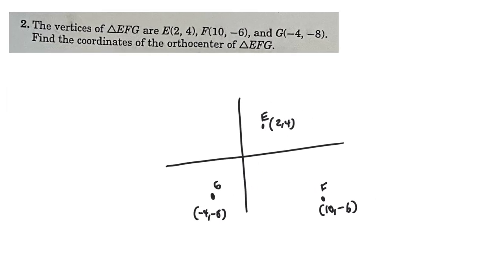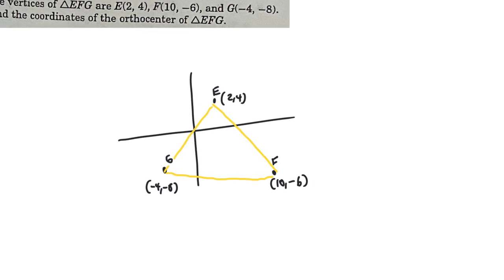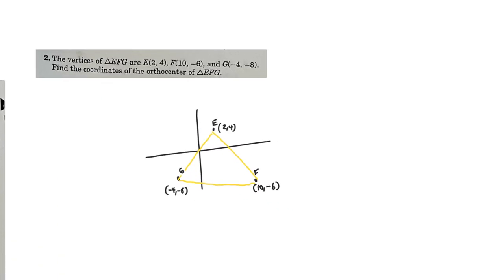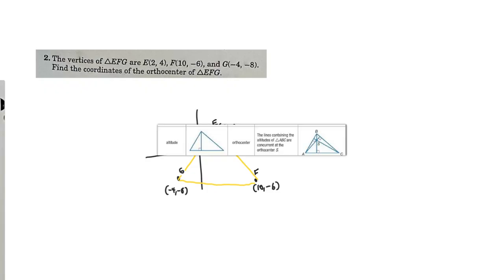They want the orthocenter. Okay. Well, let's remind ourselves of what the orthocenter is, and that is the point of concurrency that has to do with the altitudes.